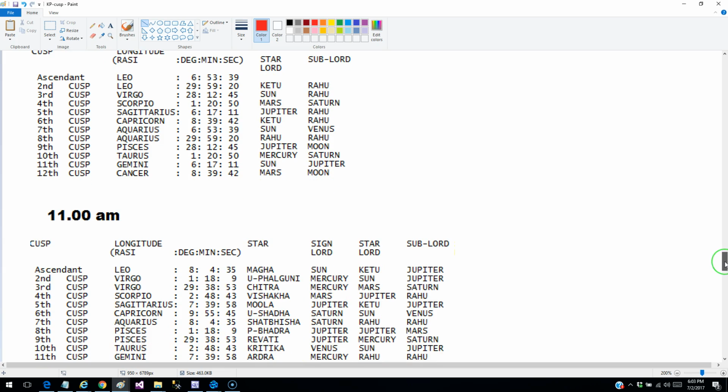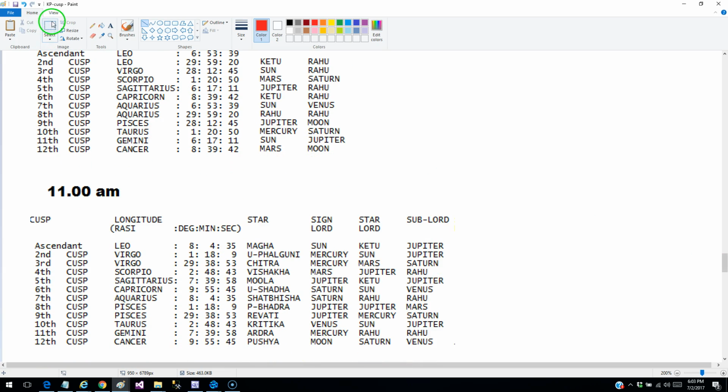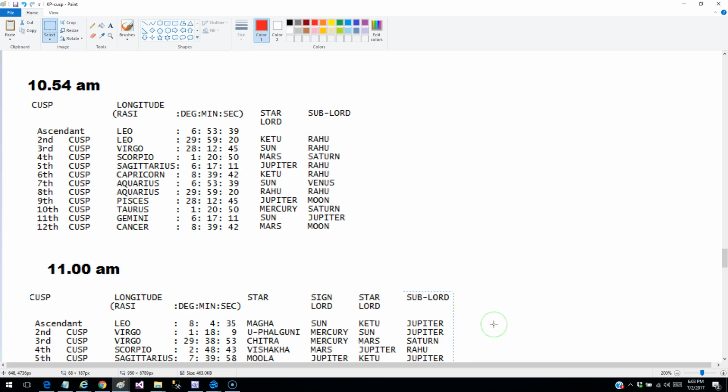So you see how the cuspal sublord has changed in just 6 minutes of time. You can match it. Rahu at 10:54, and at 11 it becomes Jupiter.